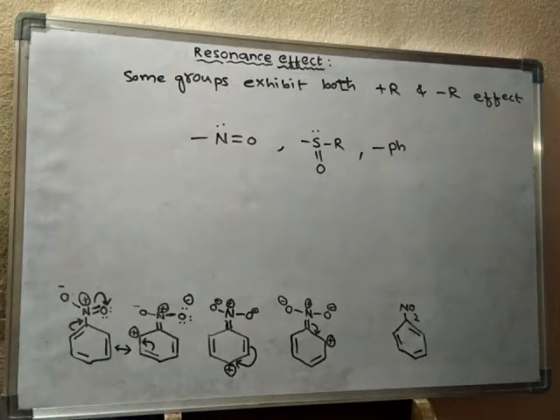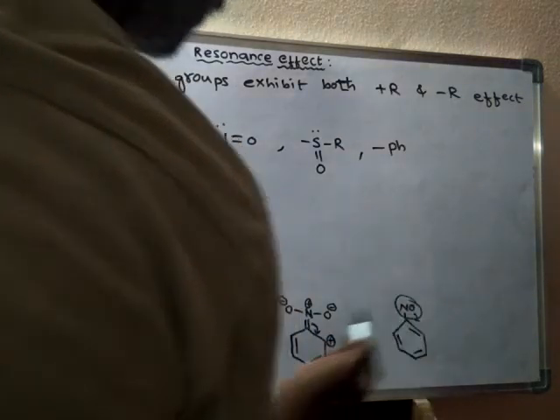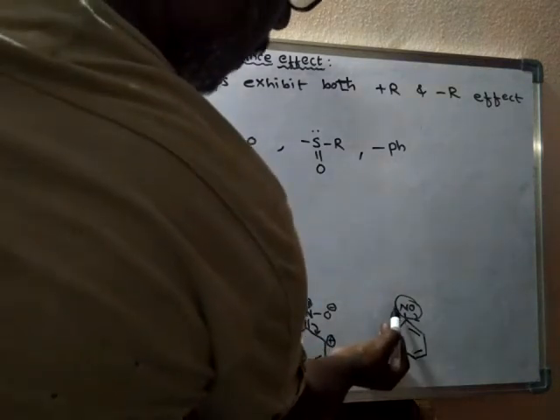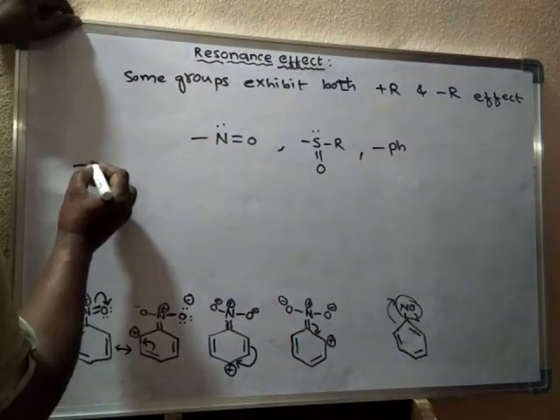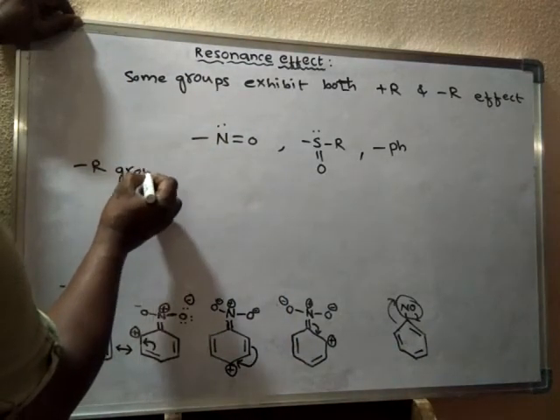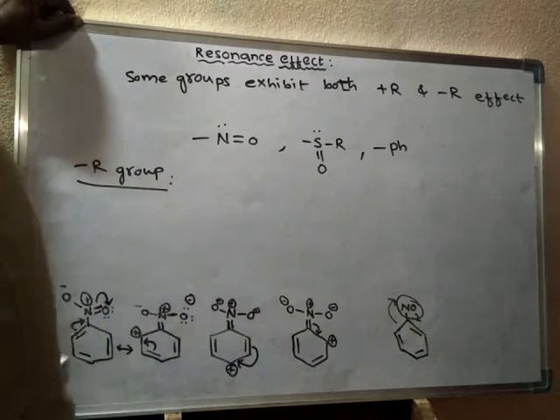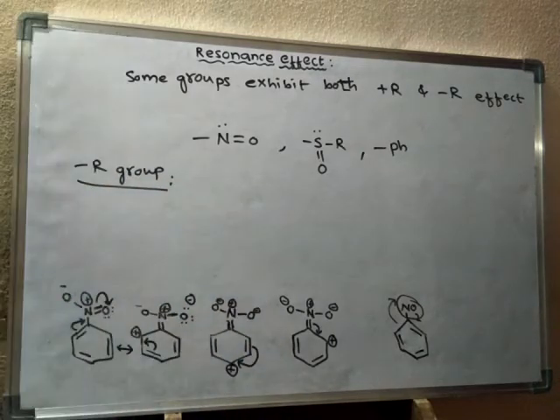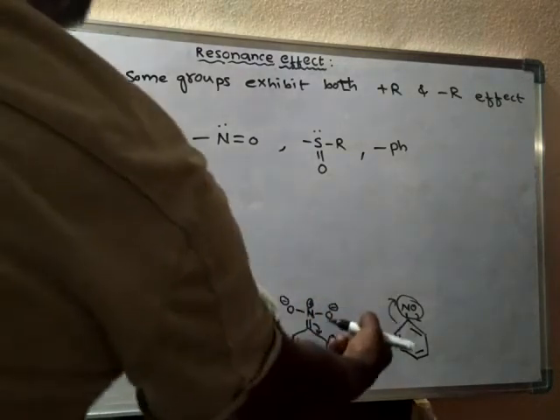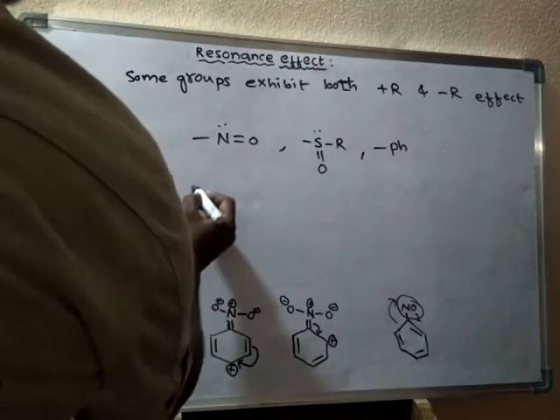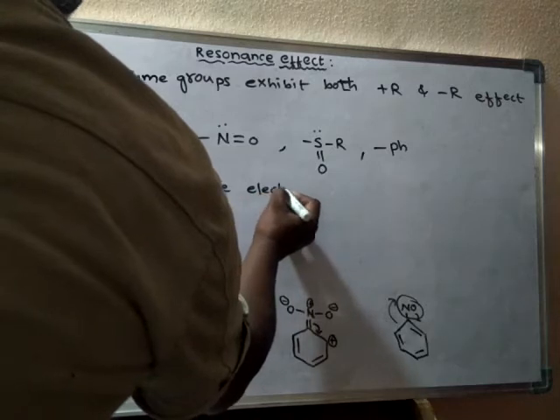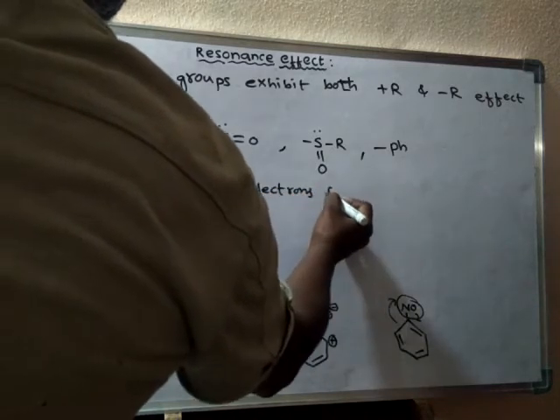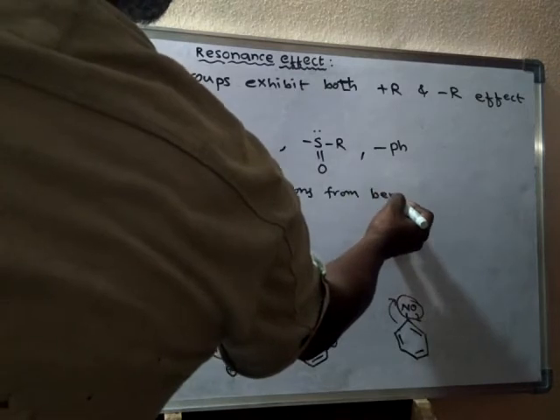Remember that. This is a minus R group. So they take electrons from the benzene ring. Minus R groups take electrons from the benzene ring.